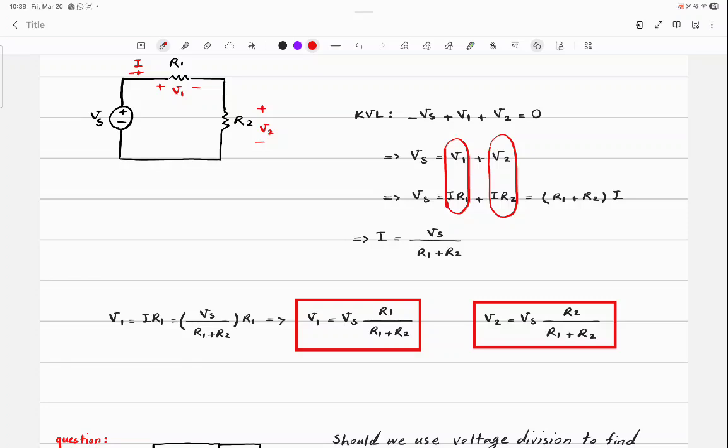Now I want you to take a second and look at the equations, see if they make sense logically. So for example, I have a 10-volt voltage source. I don't want you to write anything.